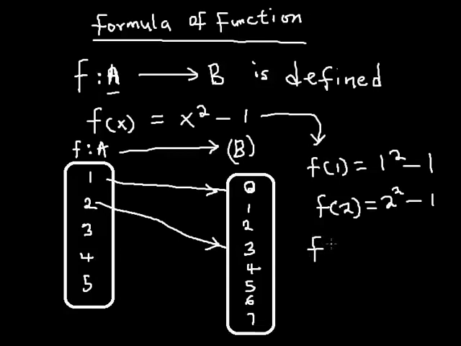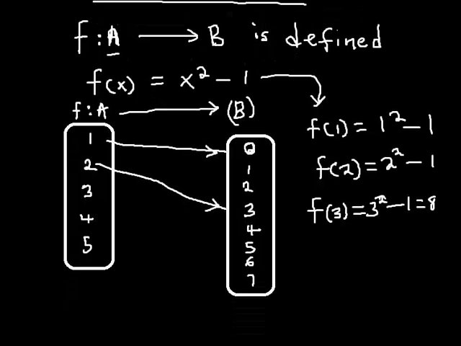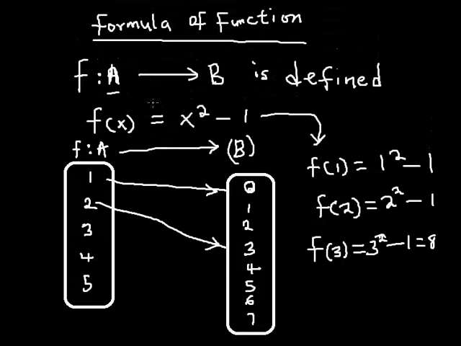I can still do f of 3, that's 3 squared minus 1, which should be 8. That is how we establish the rule or the formula of a function. So please take note of that.